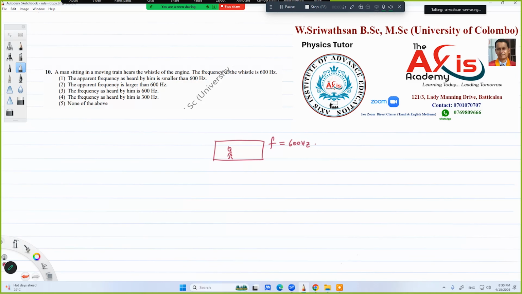That means there is no relative velocity between the person and the train, so the frequency heard by the person will be the same, 600 hertz. The apparent frequency as heard by him is 600. This is the correct option, the third one, because the man is on the train, so there is no relative velocity.